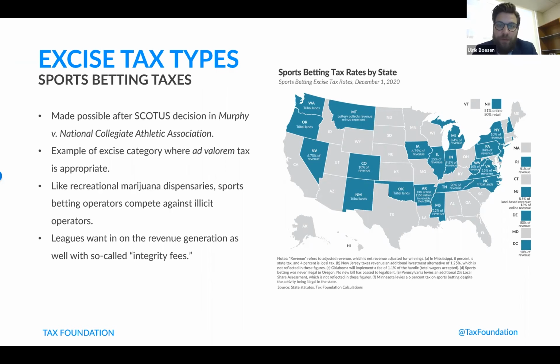And the handle, when we're talking sports betting, is the amount of money that is being betted. 1% of that paid out to the leagues in integrity fees as a way to guarantee that the data, which sports betting relies on, is accurate. It's very unlikely that there's any real legitimacy to this claim, and almost no states have implemented them. But it's an interesting aspect of sports betting taxes that I wanted to bring up today.